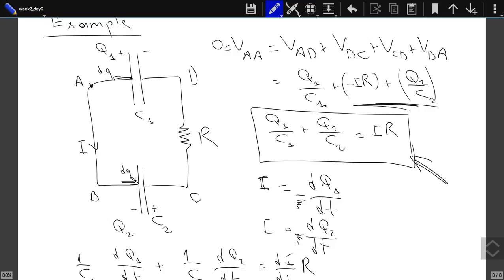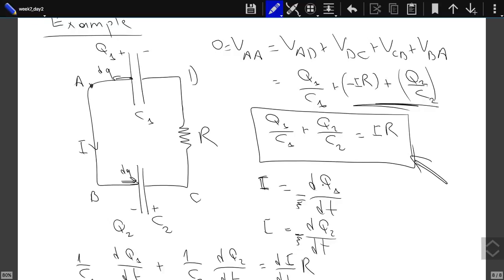The next is just we need to solve these equations somehow. I can of course replace this I over here with dq1 by dt, but that's not so useful because I'm still left with two unknowns, Q1 and Q2, which I should somehow relate.